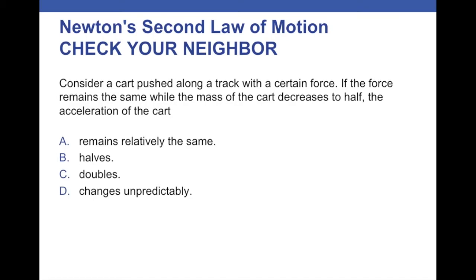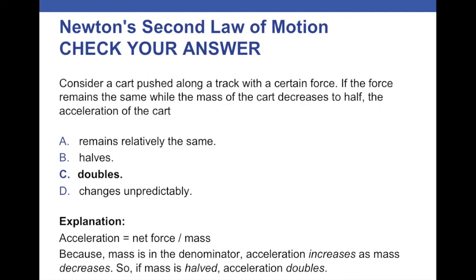All right, consider a cart pushed along a track with a certain force. If the force remains the same while the mass of the cart decreases to half, the acceleration of the cart is going to do what? Pick the best answer. It's going to double.